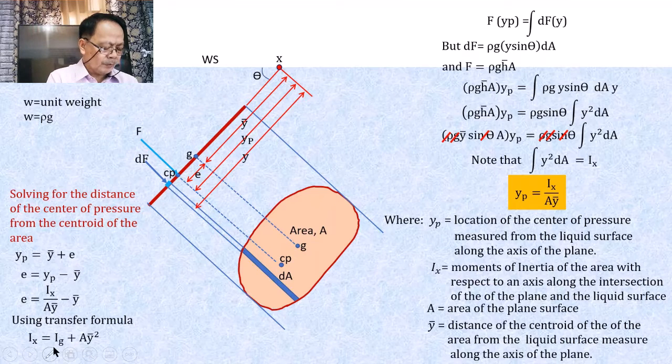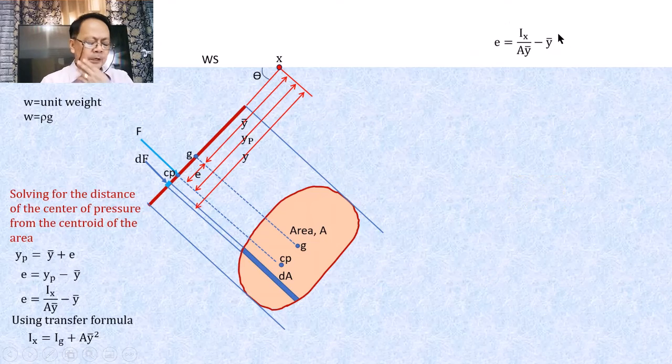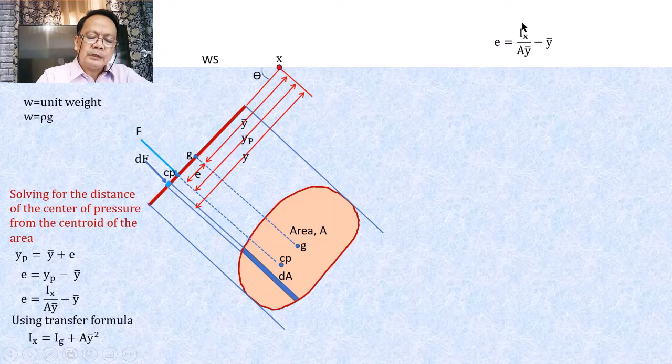The moment of inertia about a certain axis is equal to the centroidal moment of inertia of that area plus the product of the area multiplied by the distance of the centroid of that area to the axis squared. If this is substituted in the formula, E is equal to I sub x over A bar y minus bar y, which becomes I sub G plus A bar y squared over A bar y, minus bar y.